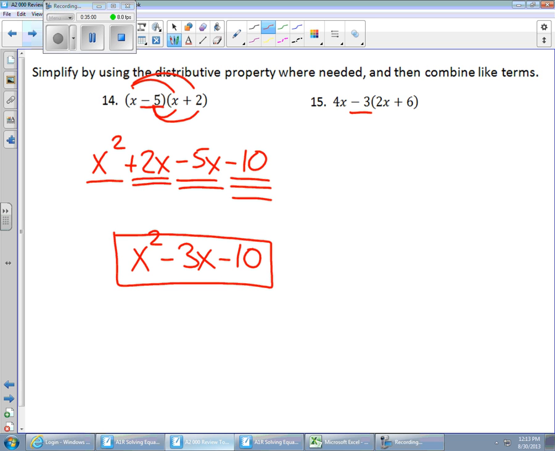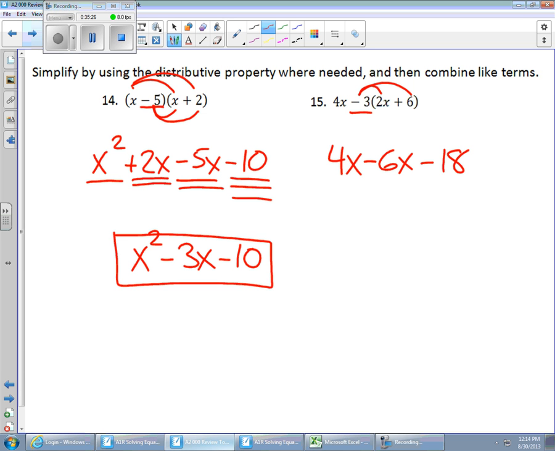Just the value in front, and it's just the value in front because there's no parentheses around this 4x minus 3. It's just the negative 3 out there. So negative 3 is going to distribute into the parentheses. So 4x is just going to sit and wait for a minute. Negative 3 times 2x is negative 6x, and negative 3 times 6 is negative 18.